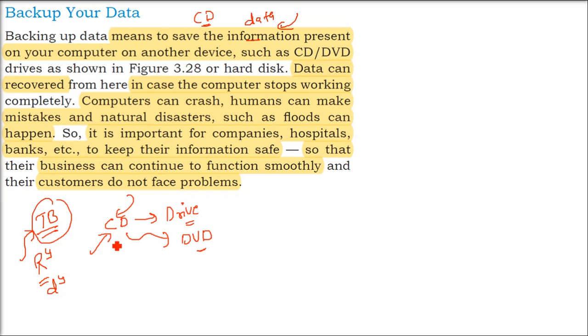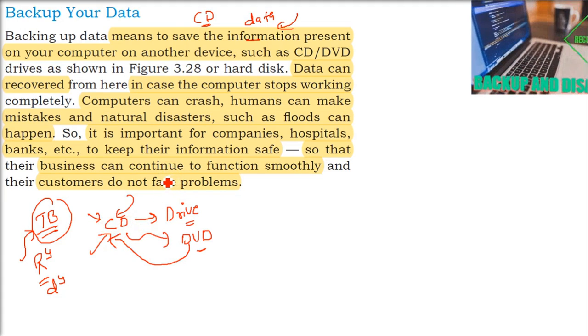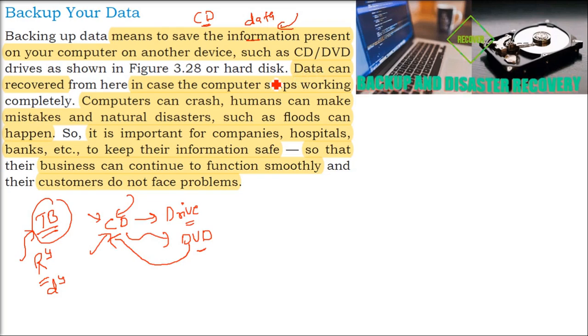regularly. If something bad happens, you can retrieve this data, you can get back this data, so you will not be losing your work. So data backup is important so that you can recover in case of any kind of disaster, either natural or man made. Because a computer can crash.